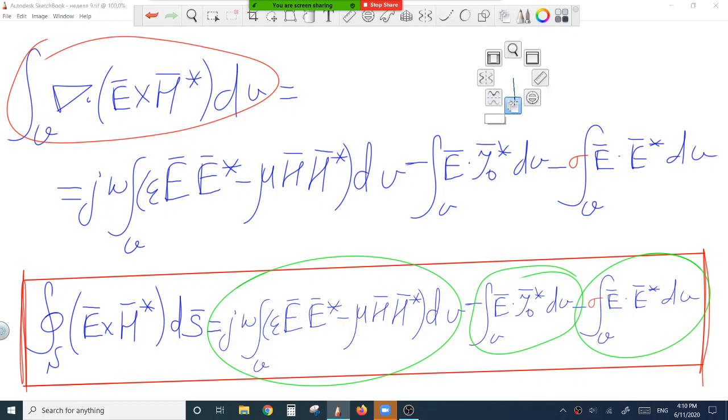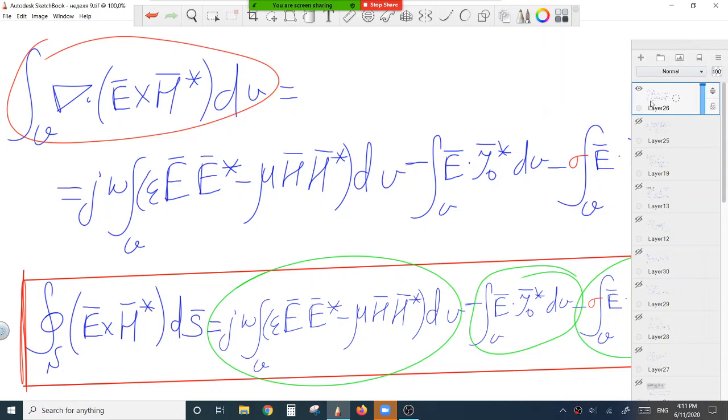Okay, the last equation that we derived is called the complex Poynting theorem.